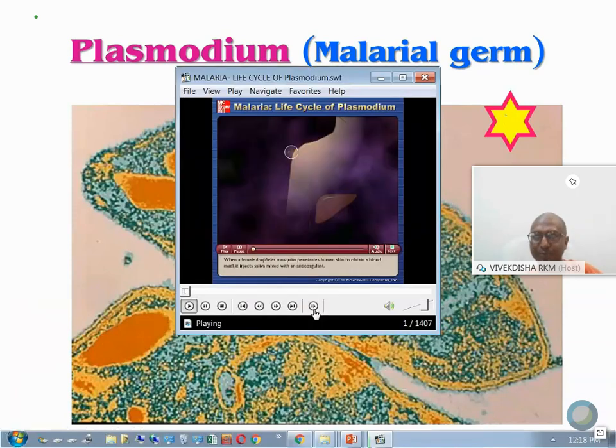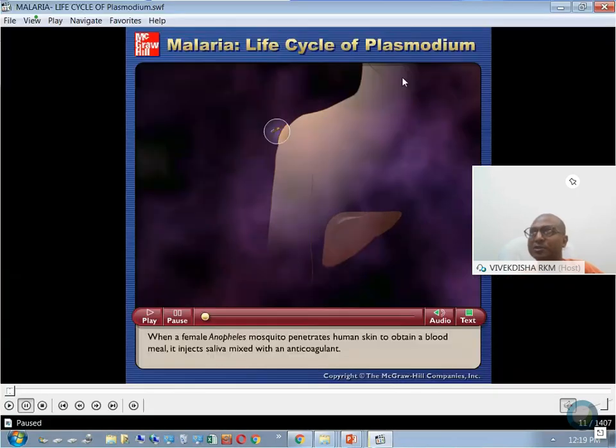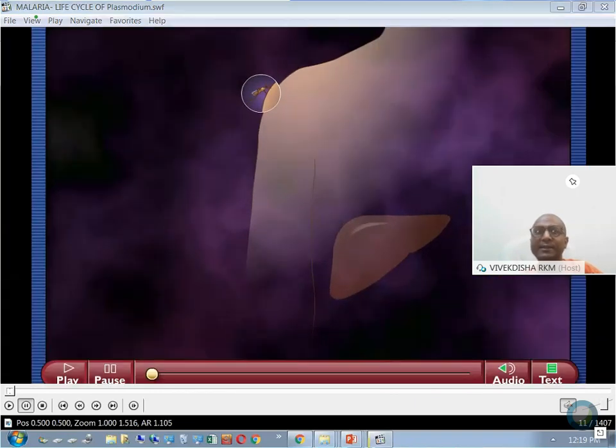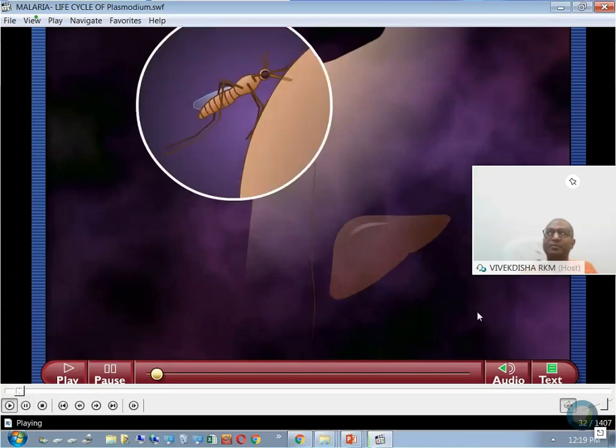I would like to show you, please see this. When a mosquito is biting a healthy person, and the mosquito is carrying the Plasmodium germ, what will happen?